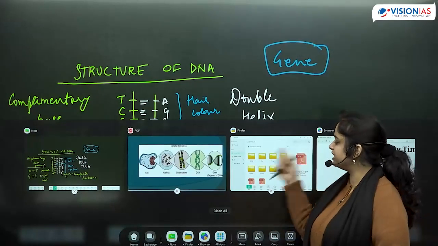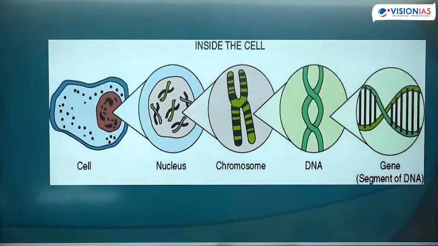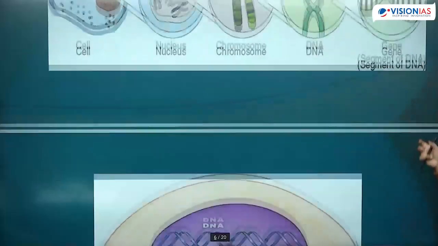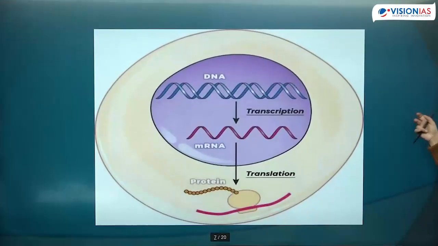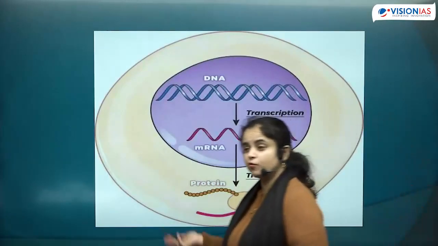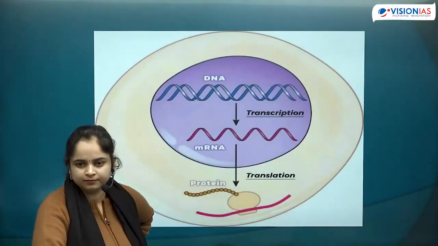So the gene will show its impact by producing proteins. Ultimately, in your body, all the features which are there, they are going to be expressed or they are going to be seen based on what proteins you have and what proteins you don't have.